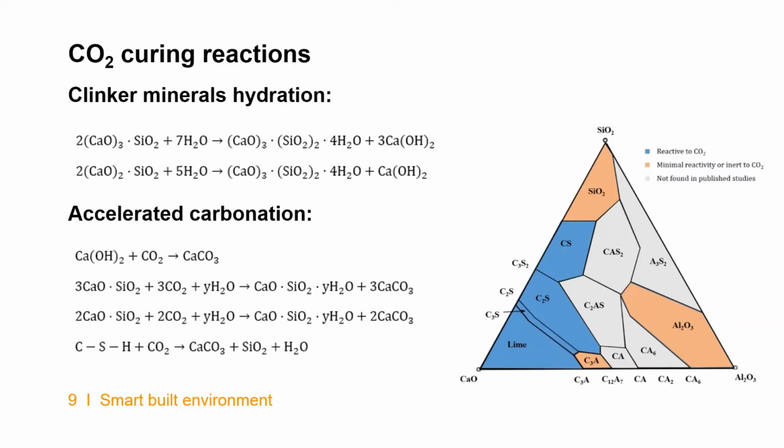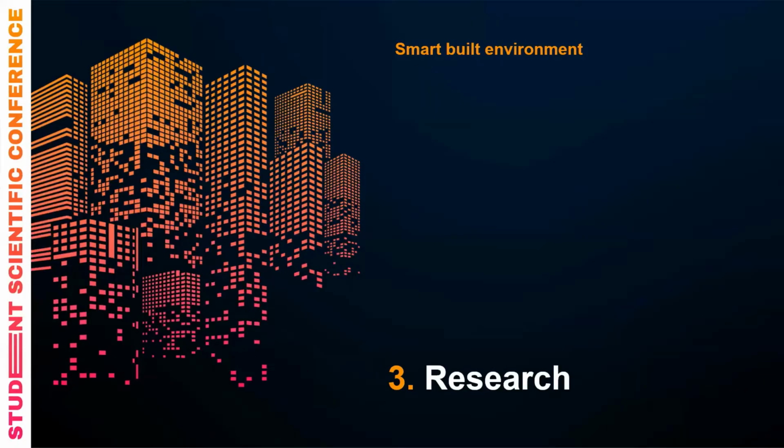Carbon dioxide also reacts with clinker minerals and forms calcium hydrosilicates and calcium carbonate as well. So the purpose of my study was to determine what effects different carbon dioxide curing times have on the carbonation depth of lightweight foam concrete.